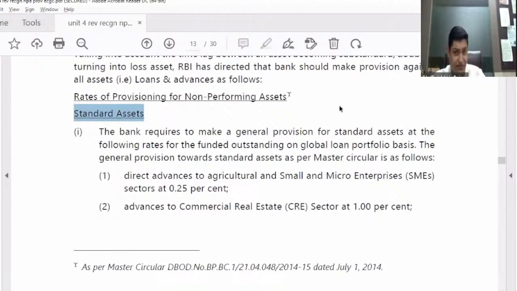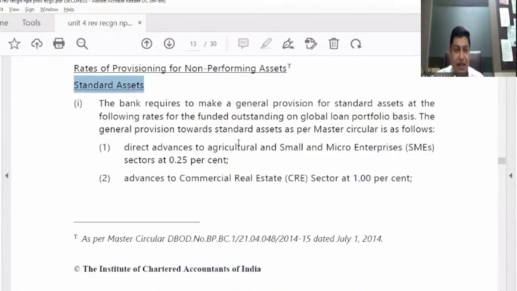Okay, the first one, if it is an advance to agriculture or SME, if the asset is a standard and the advance is given to agriculture and SME, then the rate is 0.25 percentage.